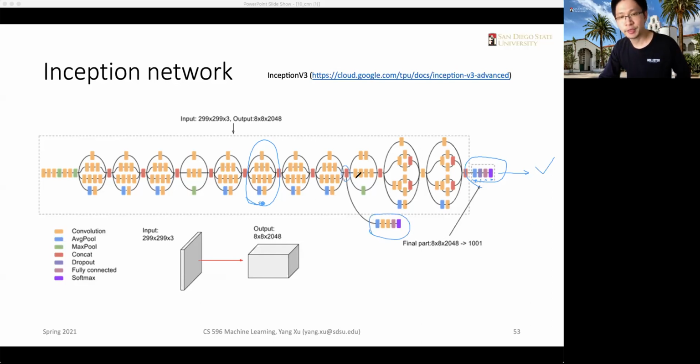We don't need to wait until the last layer. We can use the intermediate representations here directly for the image classification tasks, which also turns out to have pretty good performance. Okay, so that is for the Inception network.